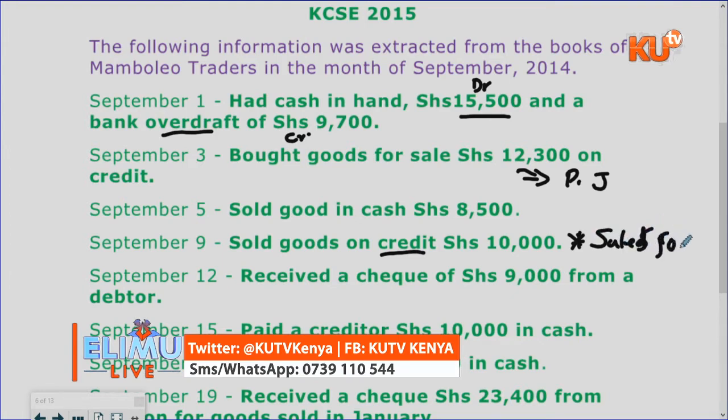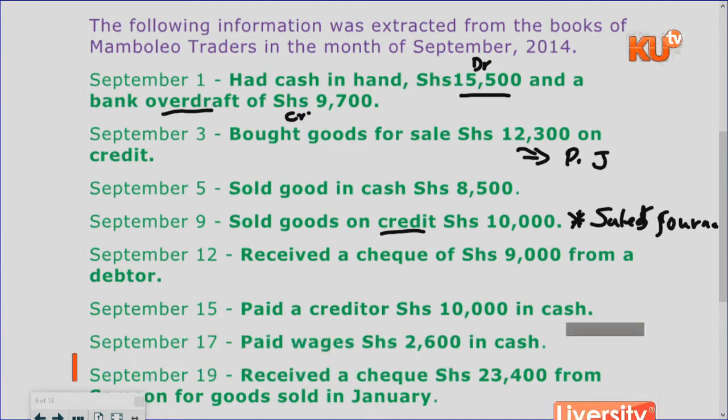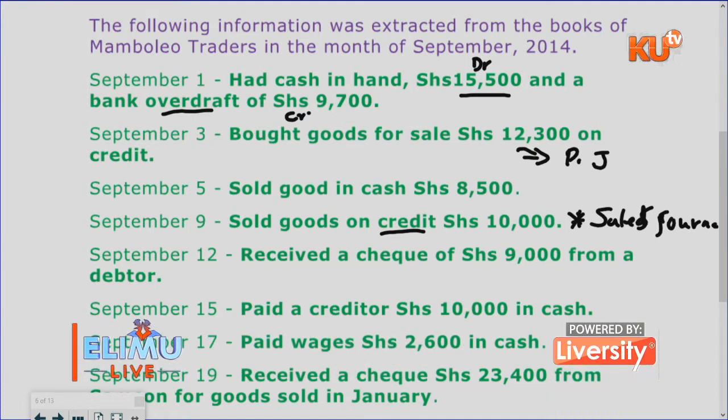You record this one in the sales journal, or the sales diary, or the sales daybook. And so we are only recording transactions that are made in cash, or where there is involvement of the bank.